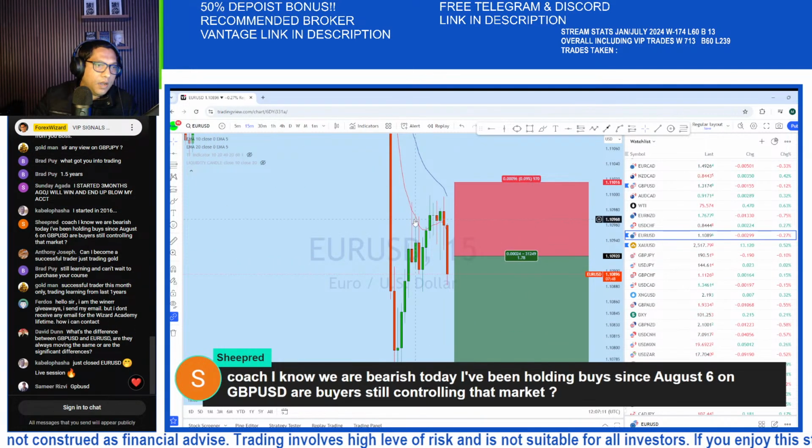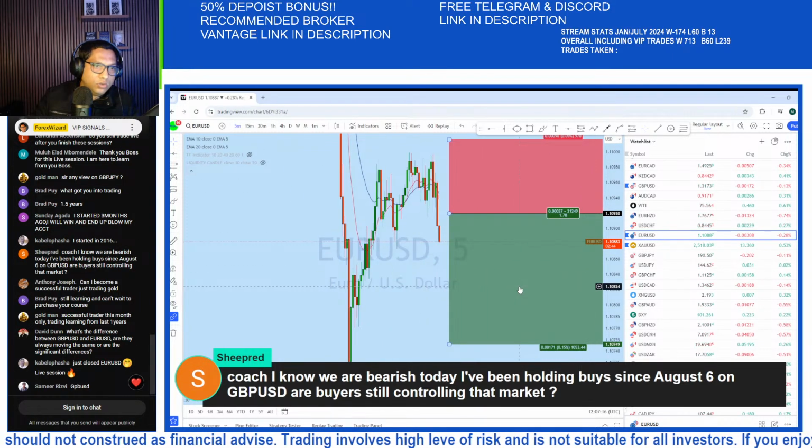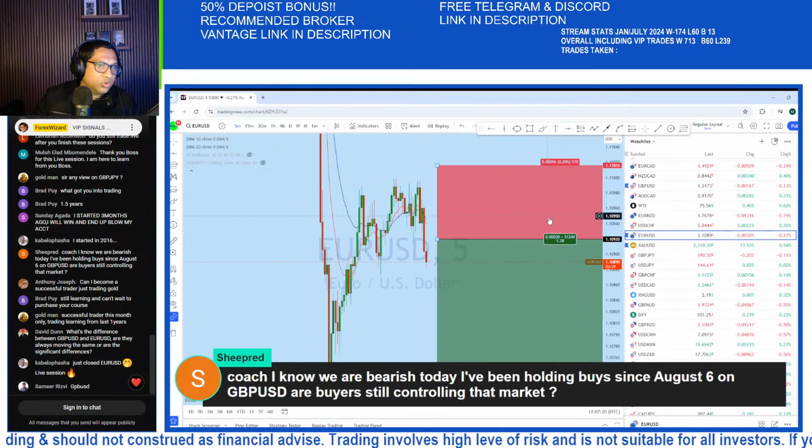I want to take this trade out because we have also seen a pretty strong bounce.